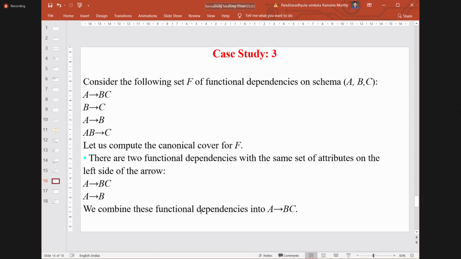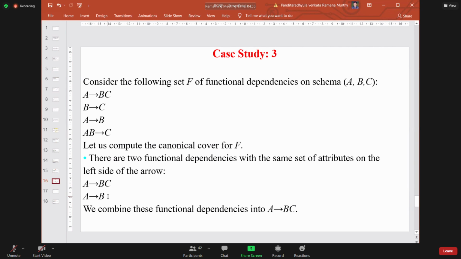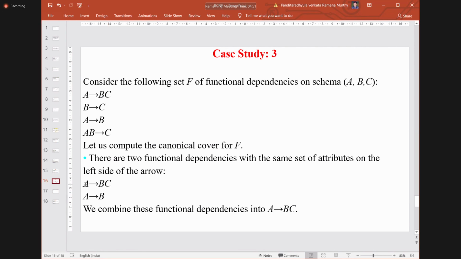We can combine these two functional dependencies. One functional dependency is sufficient. A derives B is already in the above rule. So we can eliminate by combining with the union rule: A and A is A only, BC plus B is BC only.